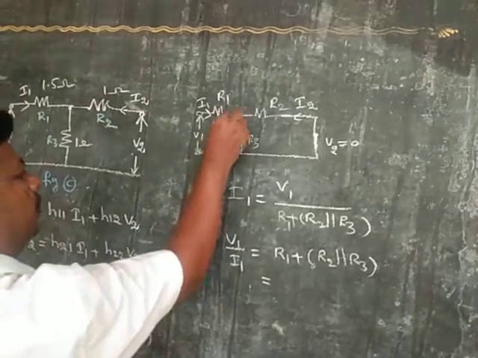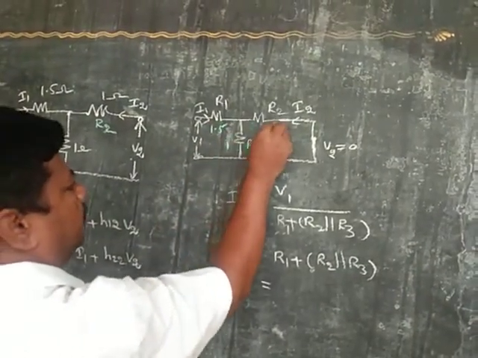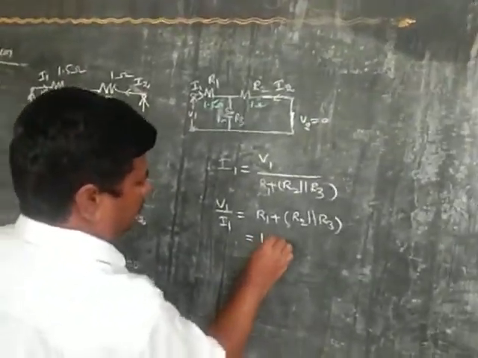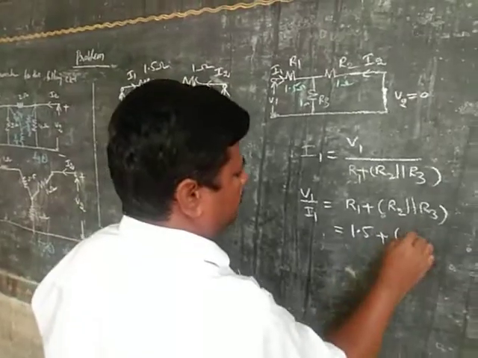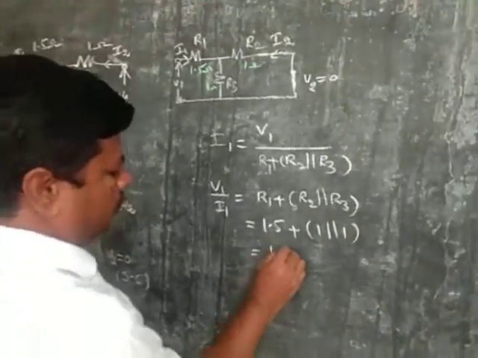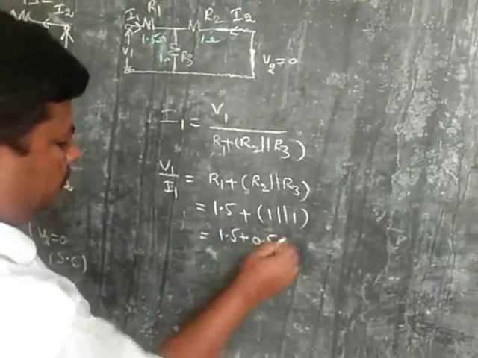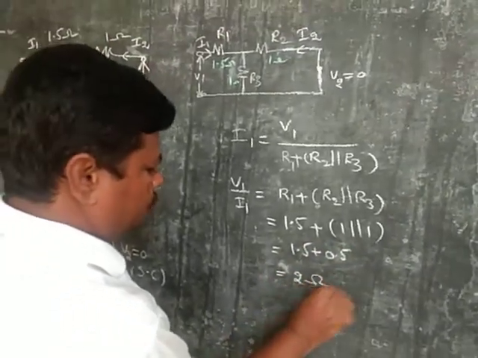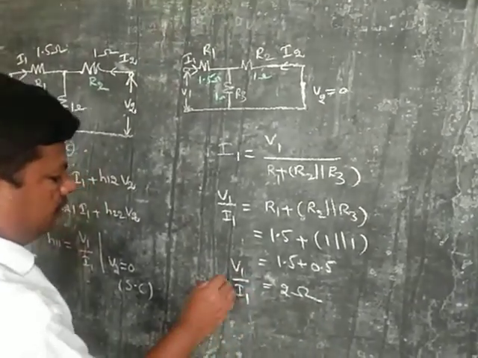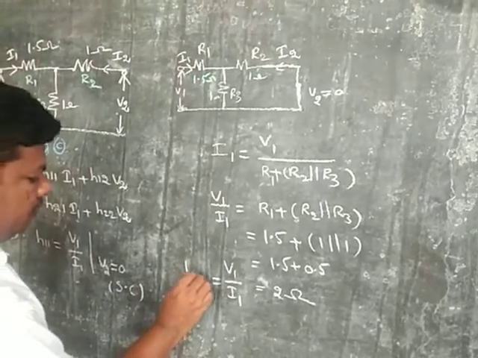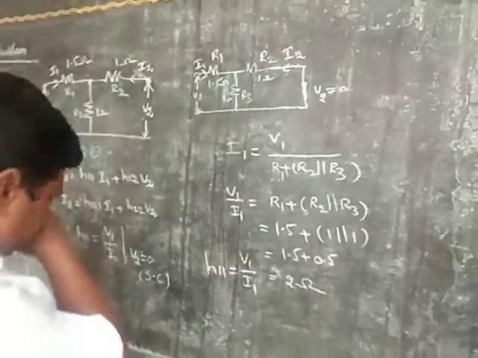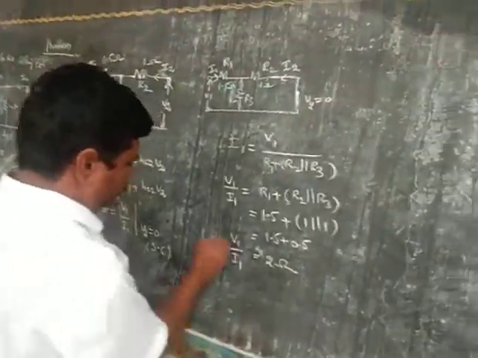Here it is 1.5, here it is 1, here also 1 ohm. 1.5 plus 1 parallel to 1, 0.5. 1.5 plus 0.5, that is equal to 2 ohms. So V1 by I1, that is equal to H11. H11 is equal to V1 by I1, that is 2 ohms.